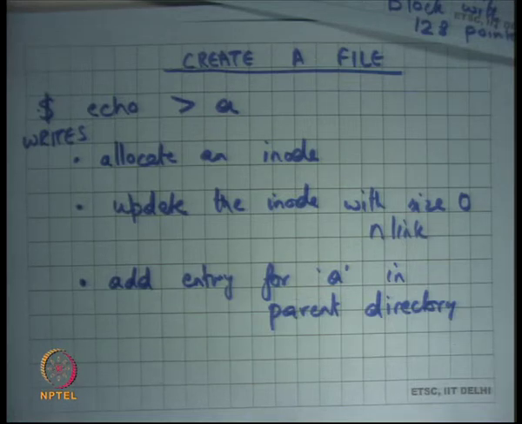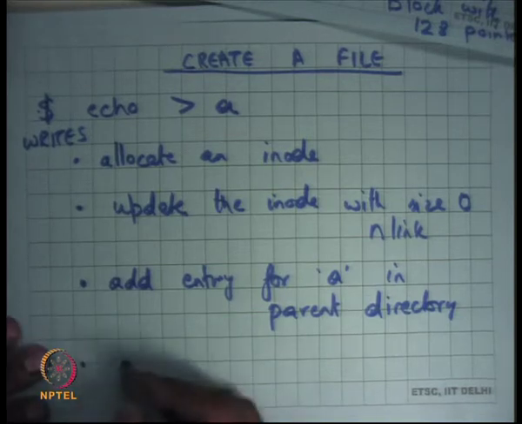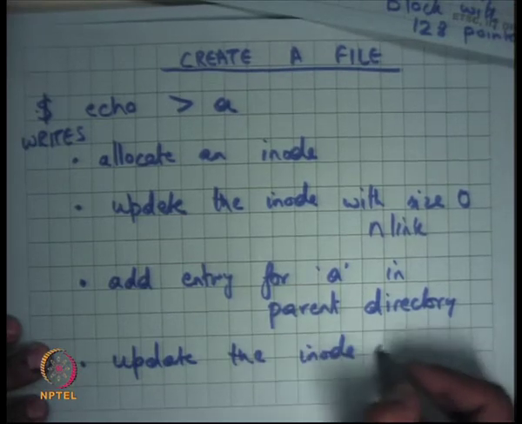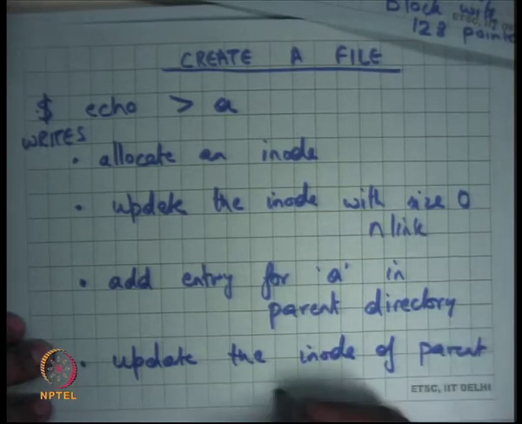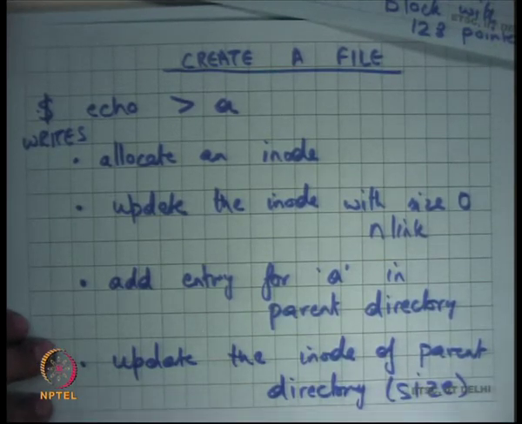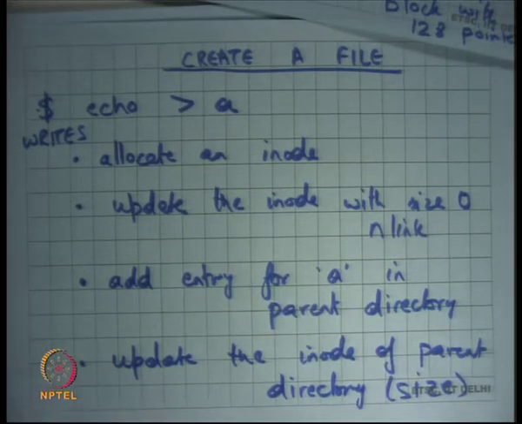You have appended to the file of the directory, so you need to update the inode of the parent directory with the particular size. So at this point you have created the file. You have allocated an inode, initialized it, created a mapping by appending a directory entry to the parent directory, and updated the size of the parent inode. Okay, so many disk accesses for one operation.